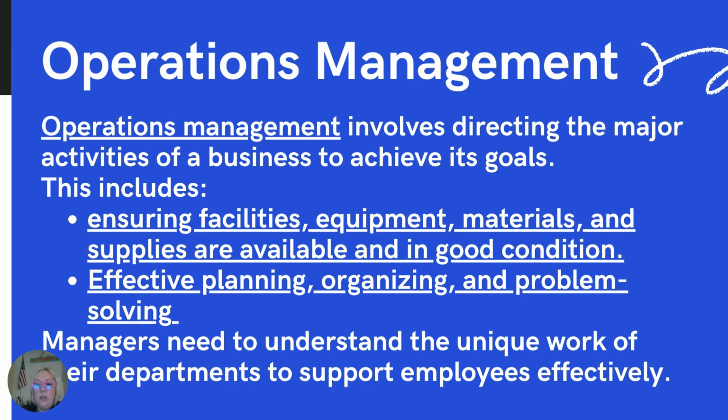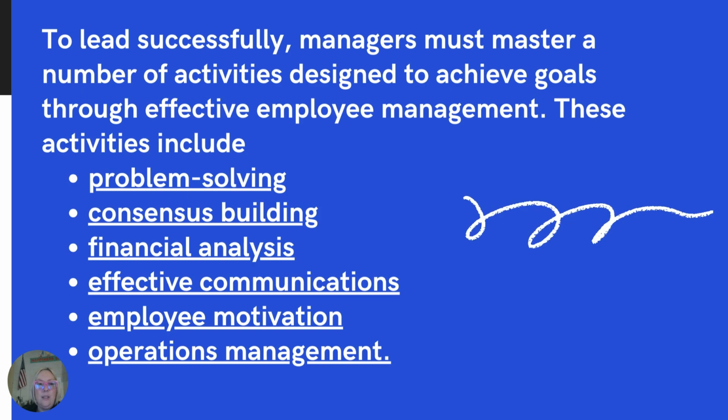So again, those are the, I believe, 6 or 7 different things that managers need to do in order to be successful: problem solving, consensus building, financial analysis, effective communications, employee motivation, and operations management.